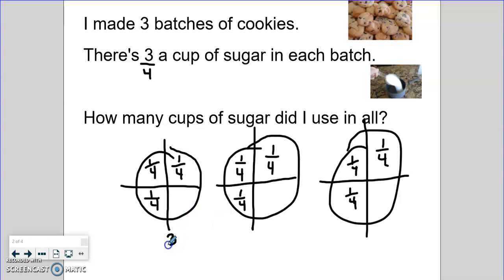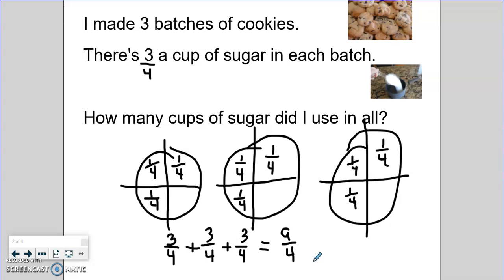So what is 3/4 plus 3/4 plus 3/4? What do I get? Correct. I get 9/4.